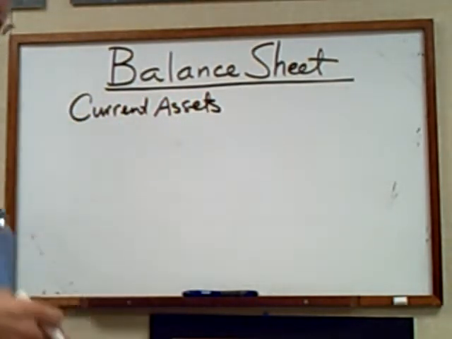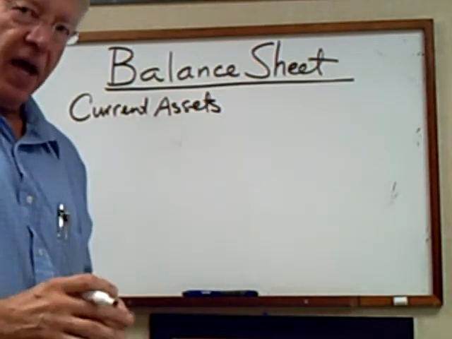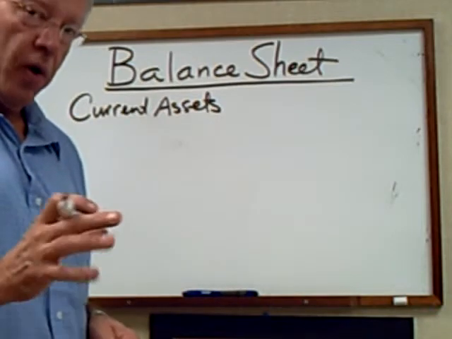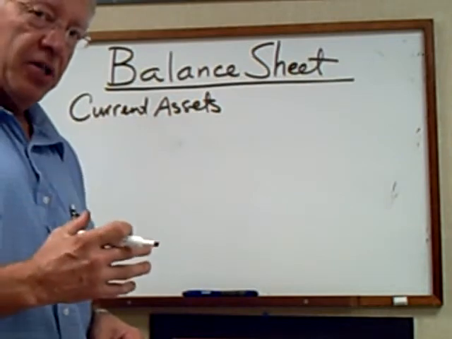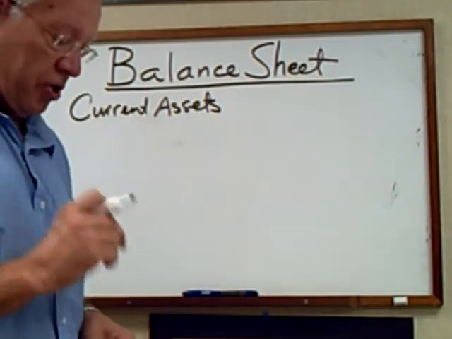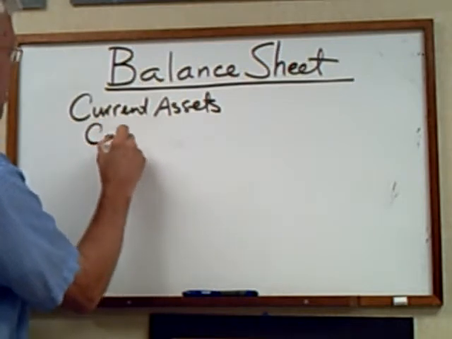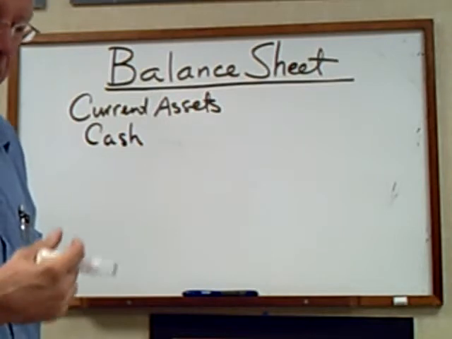There are many different categories, but we like to look at 5 fundamental categories because they pretty much describe all the current assets, items we expect to bring cash into the business in the near term. The first current asset of note is, well, good old cash. That's the money in your bank account or the money in your pocket.